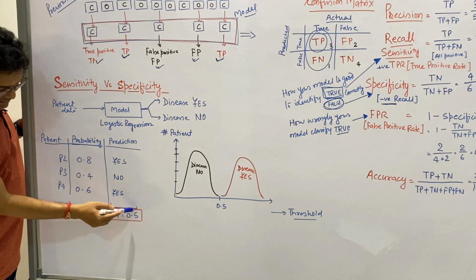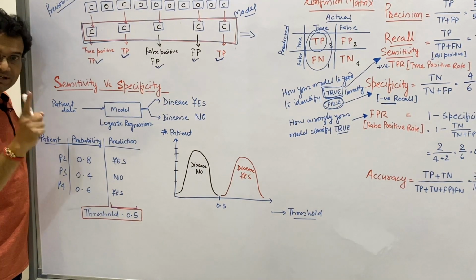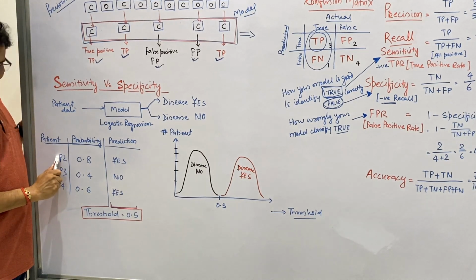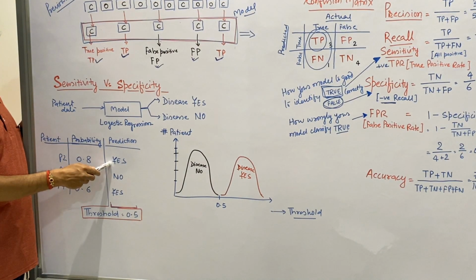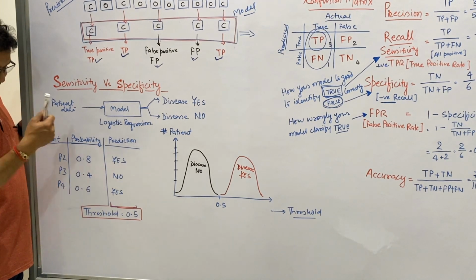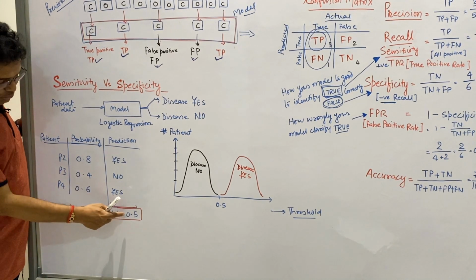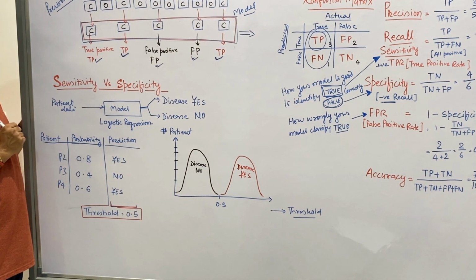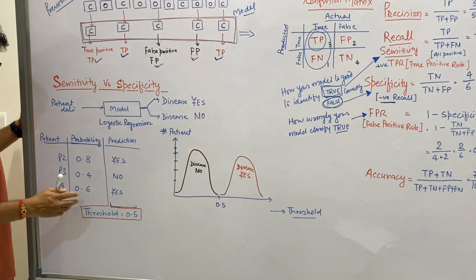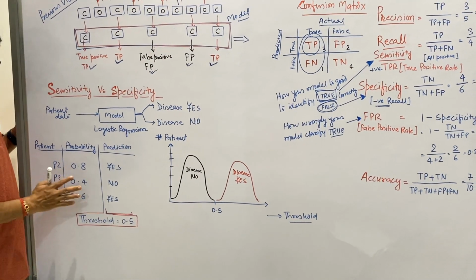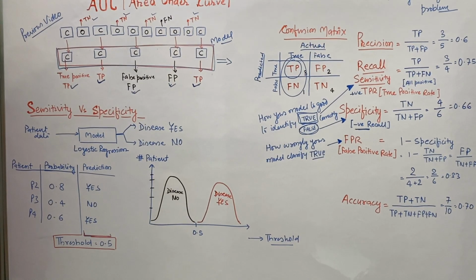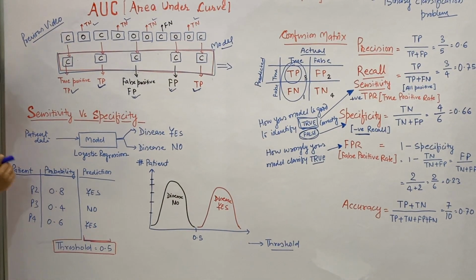So when you consider 0.5 as the threshold, on that basis you can say this P2 would have the disease and P3 will not have the disease. But if I say this threshold is 0.4, then you can say this P3 also could have the disease, right? So based upon the threshold, we are predicting the output of the model, right? So this is the important thing.